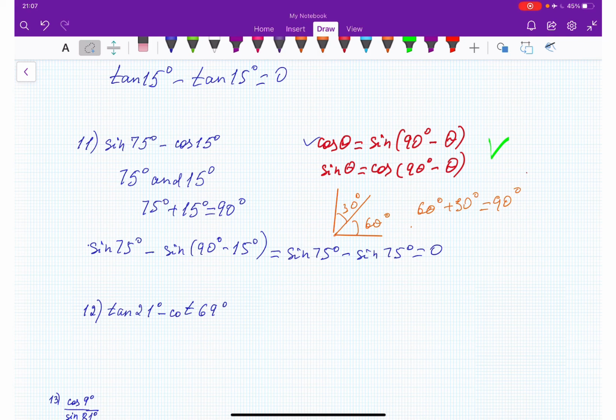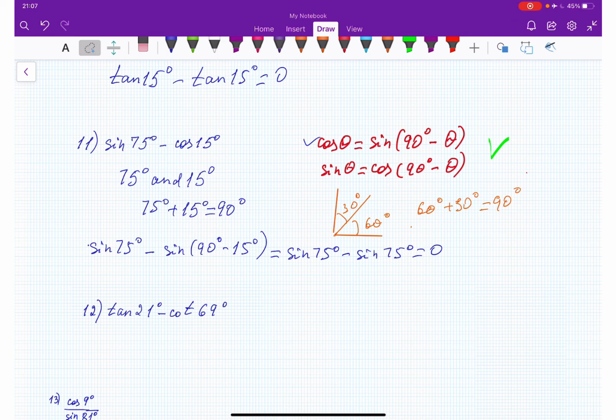Tangent 21 degrees and cotangent 69. If I add 69 to 21, do I get 90? Yes. Therefore, we have complementary angles, and we can use the complementary angle theorem.